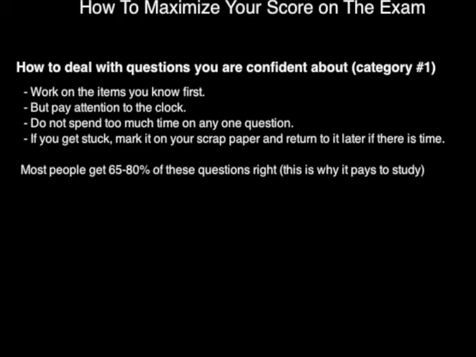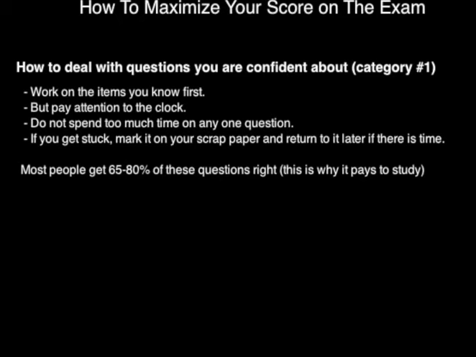The first thing is that you want to work on items that you know first. So if you are given 100 questions and you have done maybe the first 10 questions and you run into 1 or 2 in a row for which the answer seems a bit challenging, it's often smarter to skip ahead and go through all the ones that are easy, so that you make sure that you have given yourself an opportunity to see all the questions that you are very confident about.